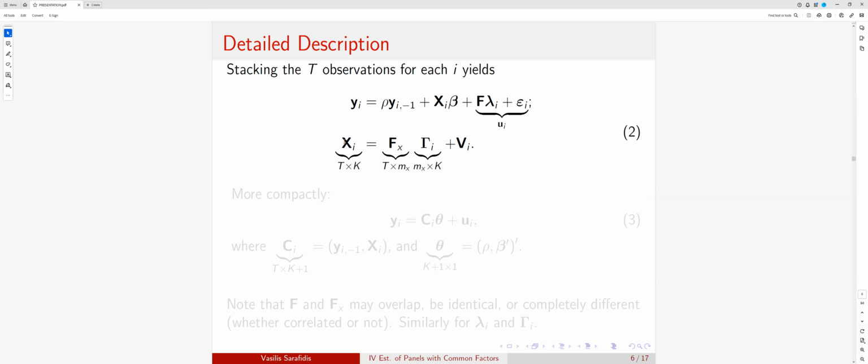Fx denotes the factors that influence X and is of dimension T by Mx, where Mx denotes the number of factors in X.